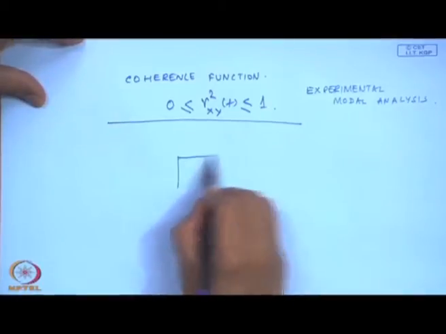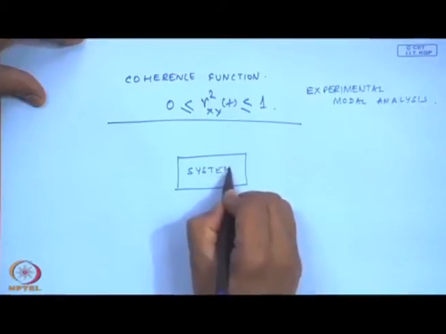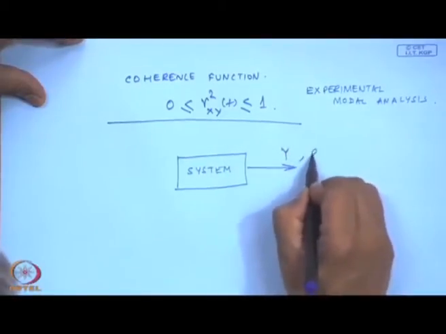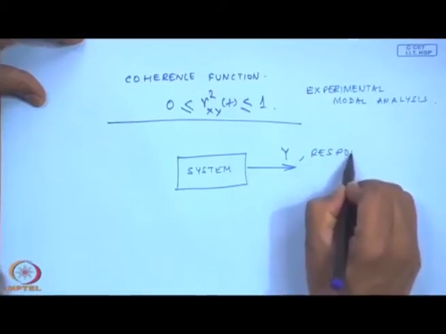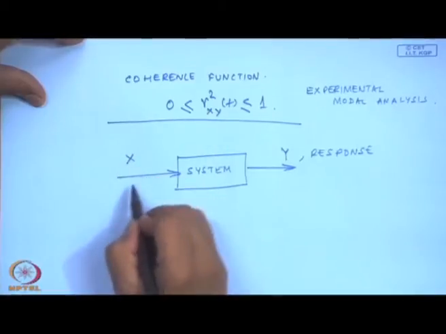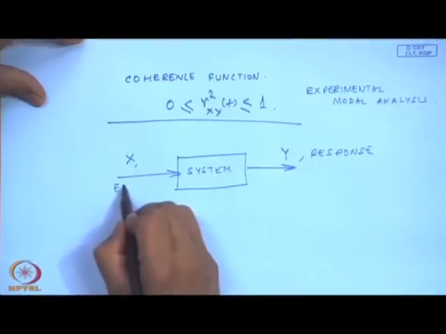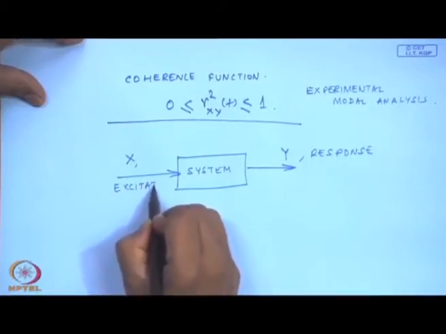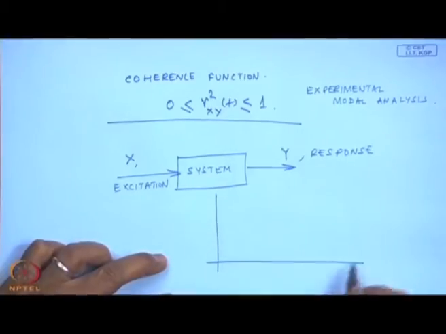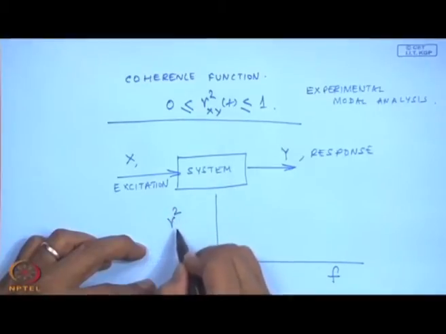Because if I have a mechanical system or a machine, suppose I am getting some output y, which is the response because of some input x, the excitation, and to know whether this system is responding to that excitation, I can measure the coherence gamma x.